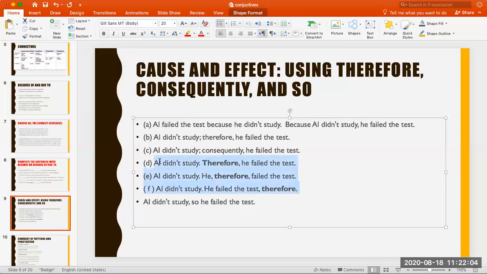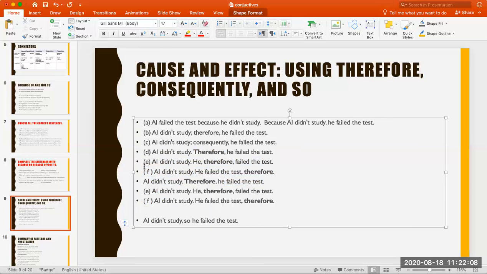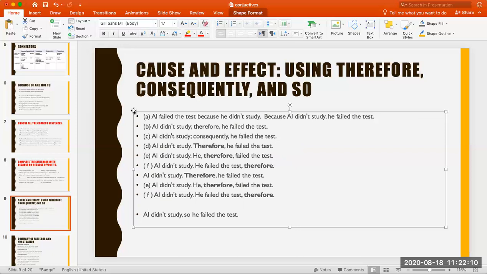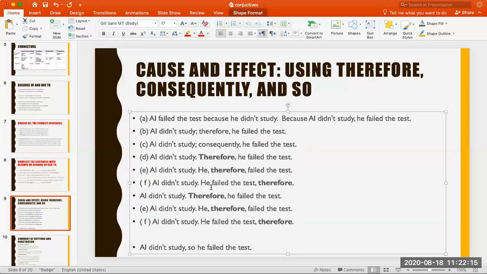If you want to make these sentences compound, look at what I'm going to do here. All you need to do is change the full stop into a semicolon. In the three cases, you change the full stop and you add a semicolon.